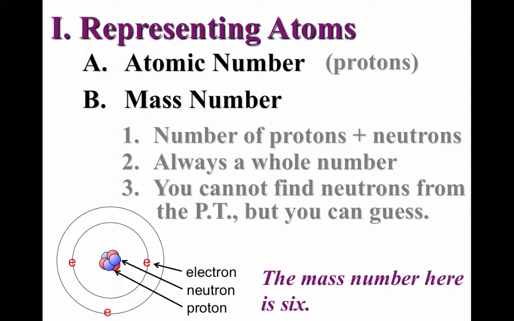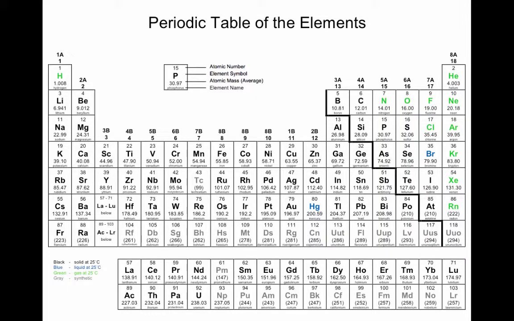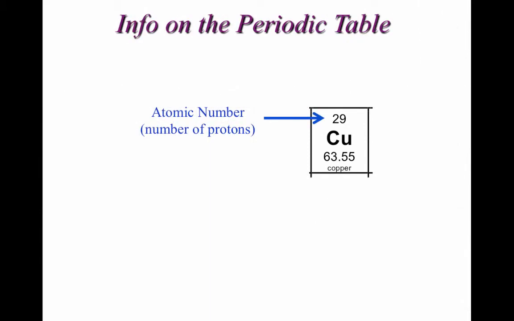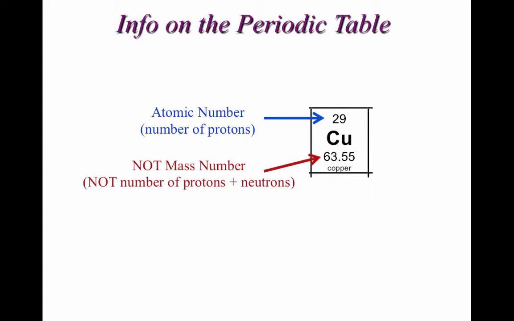What this means is you can't really figure out the neutrons by looking at the periodic table, although you might make an educated guess. Let me show you what I mean. Let's focus in on this element here. So when you look at copper, copper has an atomic number of 29. That means it has 29 protons. This number down here that students sometimes confuse with mass number is not a whole number. It can't be a mass number.